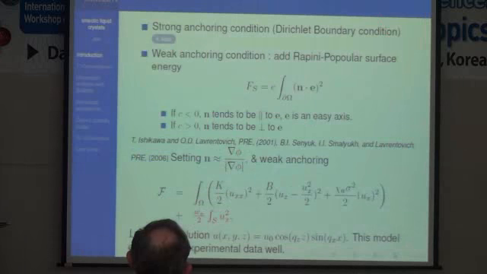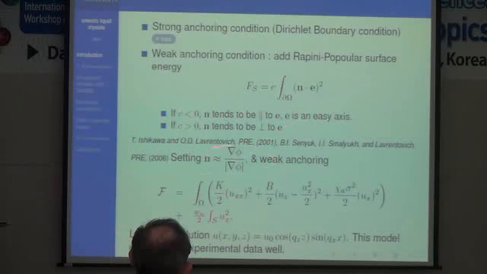Lavrentovich proposed a model where, instead of the strong anchoring condition, he used a weak anchoring condition. That means he included the Rapini-Papoular surface energy. Instead of the usual boundary condition on the director, he used a Neumann boundary condition.